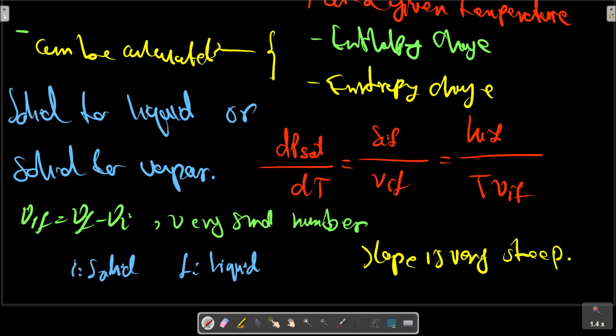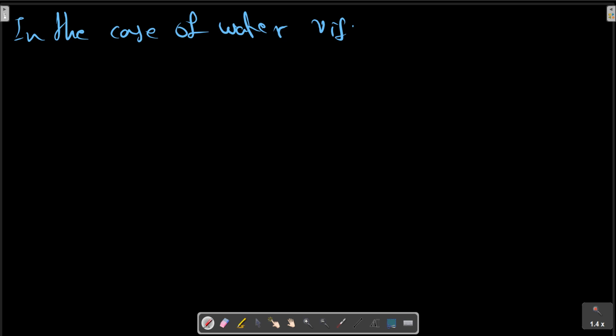In the case of water, vif is a negative number, which is highly unusual, and the slope of the fusion line is not only steep, it is also negative.